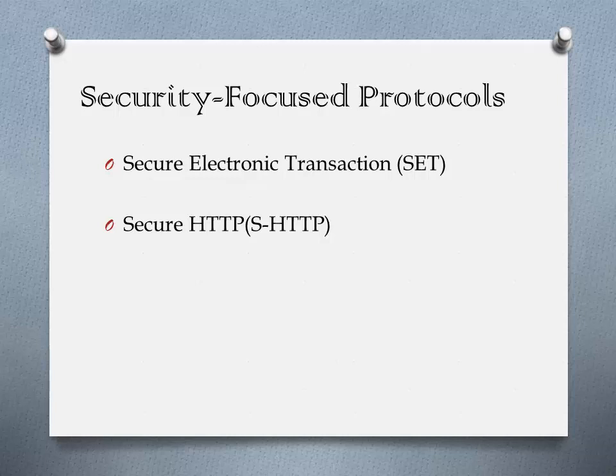And secure HTTP is basically an extension of hypertext transfer protocol, which allows secure exchange of files over the internet or World Wide Web. In this case, an SHTTP file is either encrypted or contains a digital certificate or both.